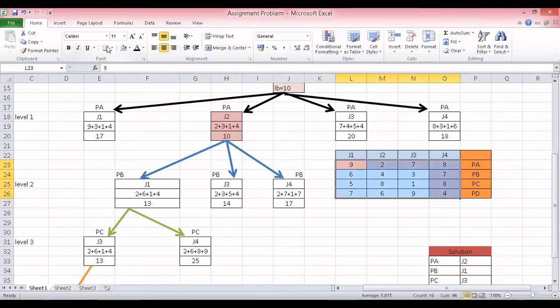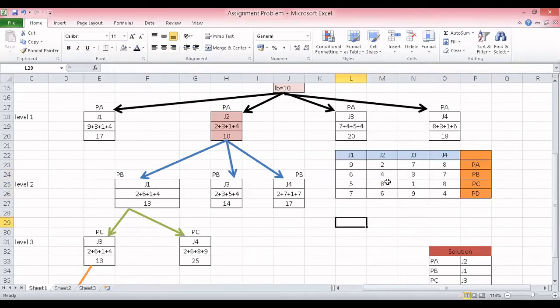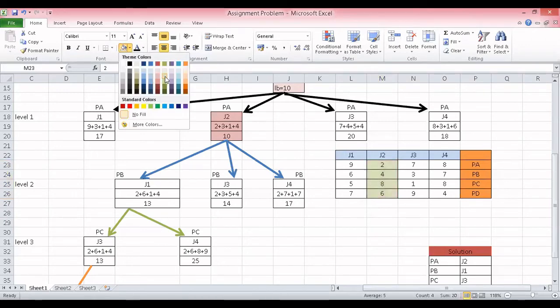Coming to the chart here. One job I'll highlight every time with one color, because job 2 is already assigned, so I'm not going to touch that. I'll highlight it with this dark purple color.